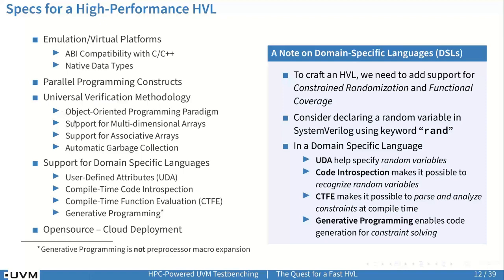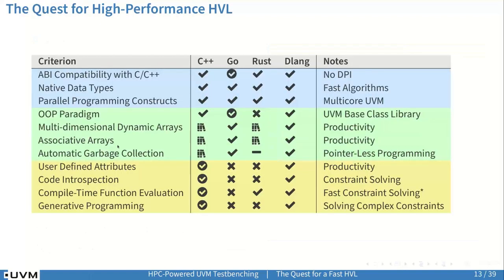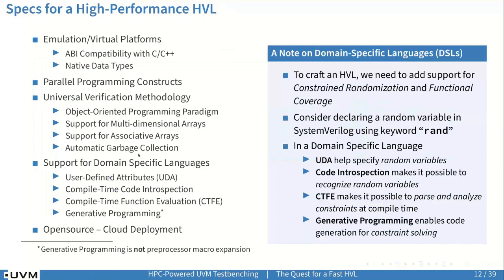So all these, if you figure, then universal verification methodology needs whatever is provided by SystemVerilog. Then you need domain-specific language support, because verification is a domain, and we need that kind of support so that we are able to build the verification features on top of a language.